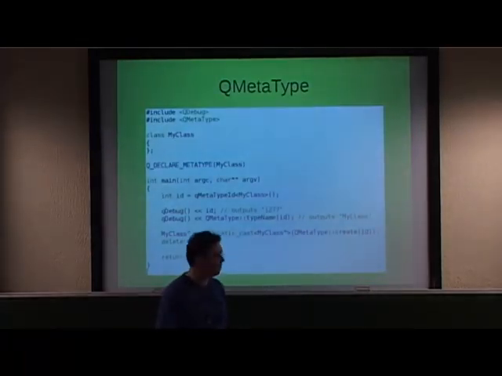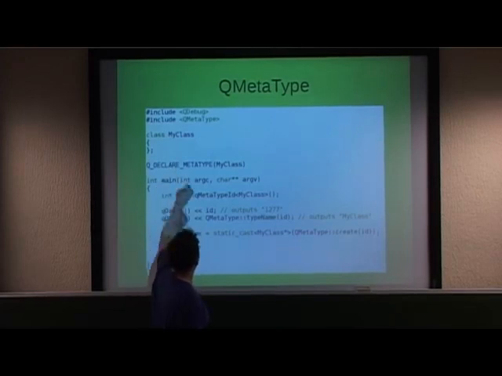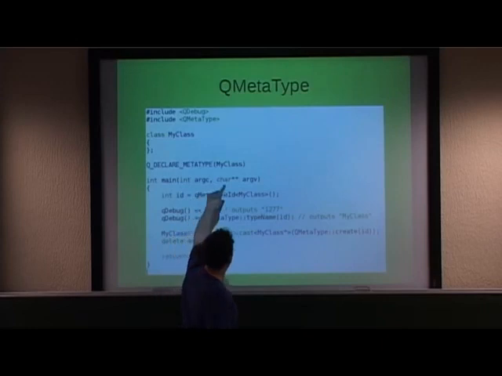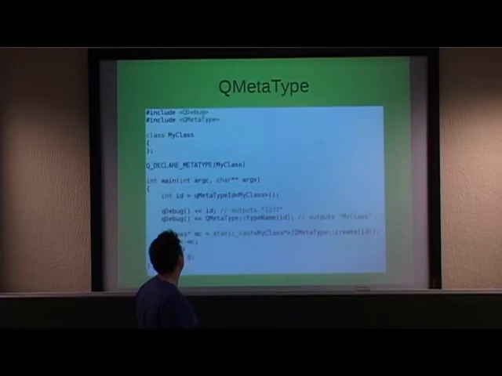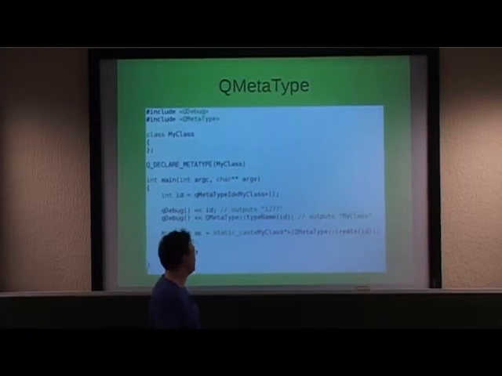Okay, now the type system. Up there you have a custom class, MyClass. It's empty because that's not interesting here. And in the header you have to call Q_DECLARE_METATYPE. And this adds the class to the Qt type system. And you can use this to fetch the type ID for MyClass with a templated method, qMetaTypeId, and you can use that ID to fetch the class name during runtime, which is of course a problem in C++ if you don't add it on.